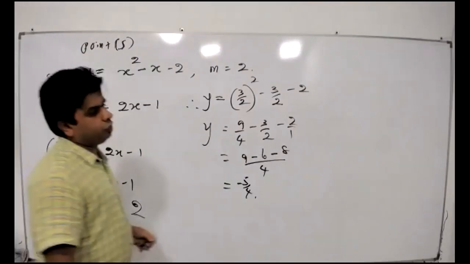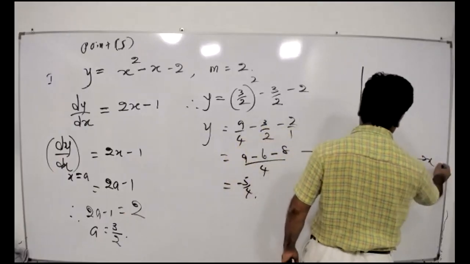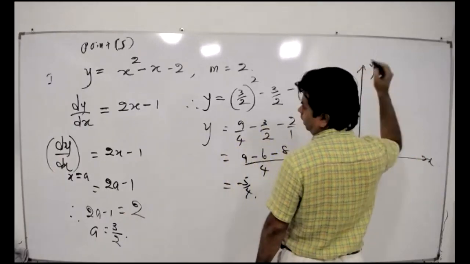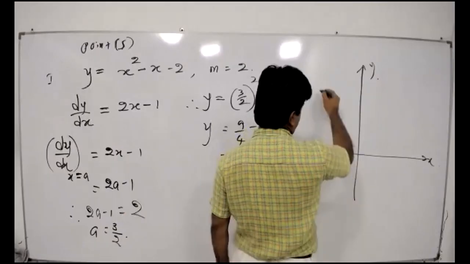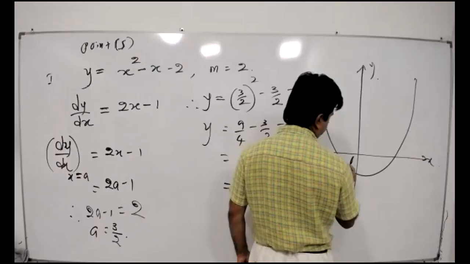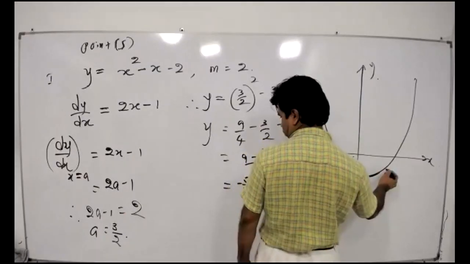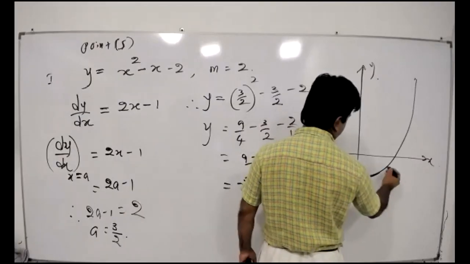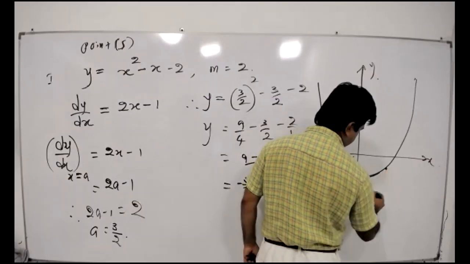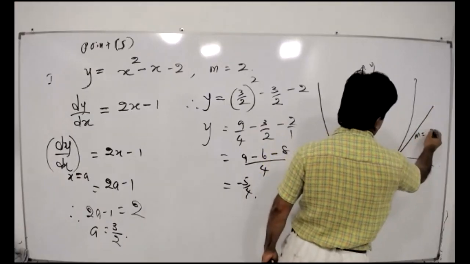So you will have a quadratic curve like this, x and y. Then there will be a graph like this, clear? Now, if you take a particular point here, and if you draw a tangent like this, the gradient is 2.